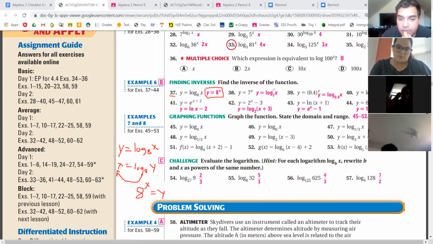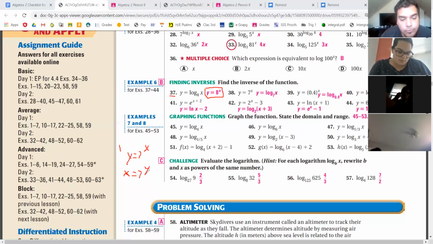Let's try another one that's a little unique. Let's do 38. We're going to do y equals 7 to the x. And after you get good at this, you just know you're going to have to replace it anyway. So we could just write it as x equals 7 to the y.